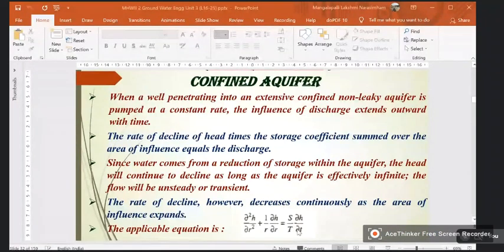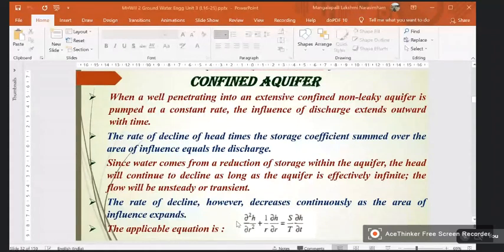So this dou h by dou t, when it is multiplied by the storage coefficient capital S, and when it is over the entire area, this must be equal to the discharge. So the applicable equation will now become this one, dou square h by dou r square plus 1 by r dou h by dou r.